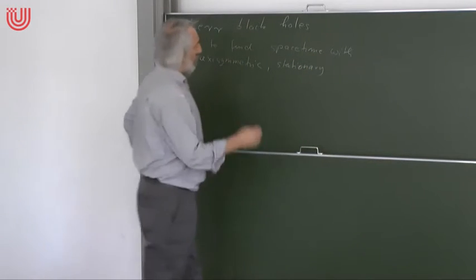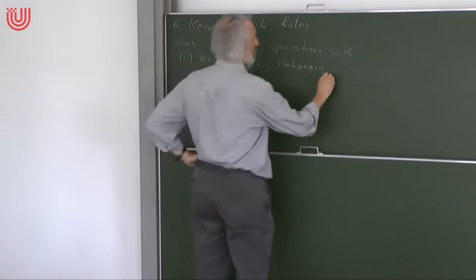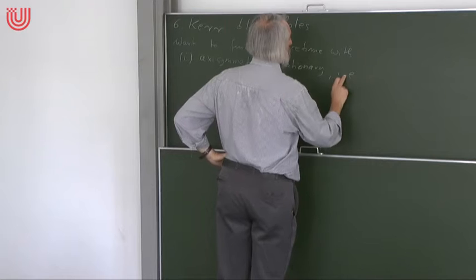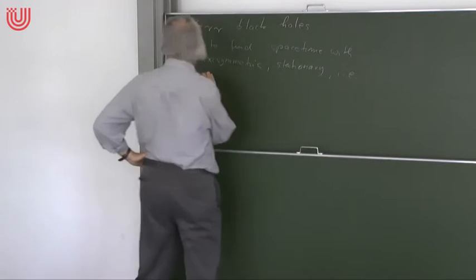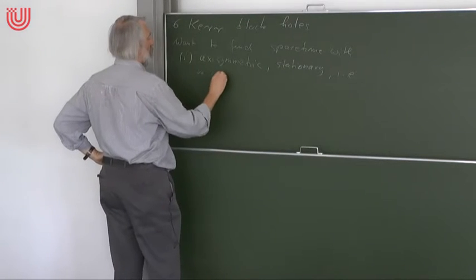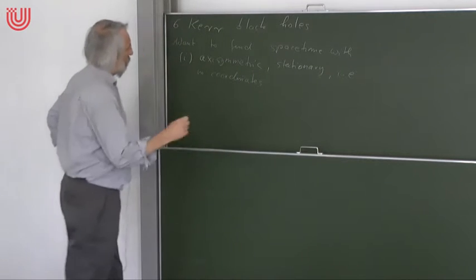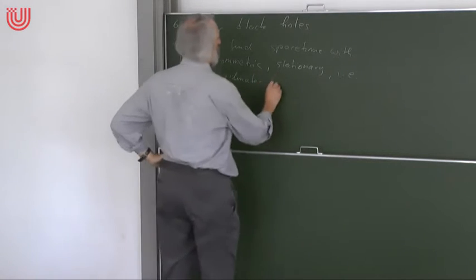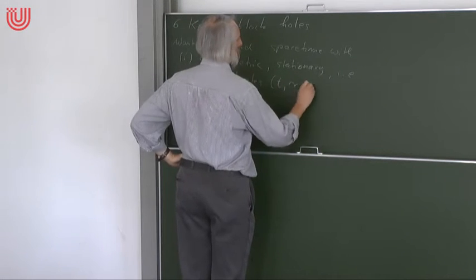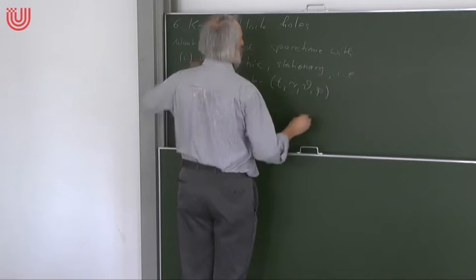And what does this mean in terms of mathematics? It means that we can introduce coordinates of the type of spherical polar coordinates, which we denote t, r, theta, and phi.